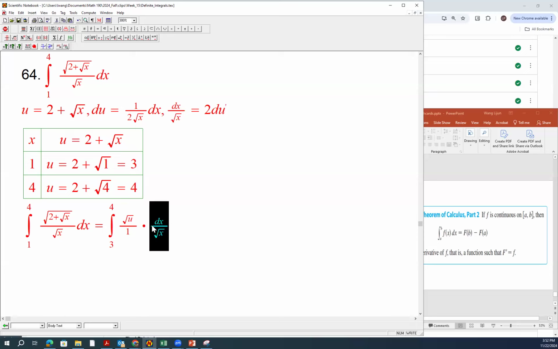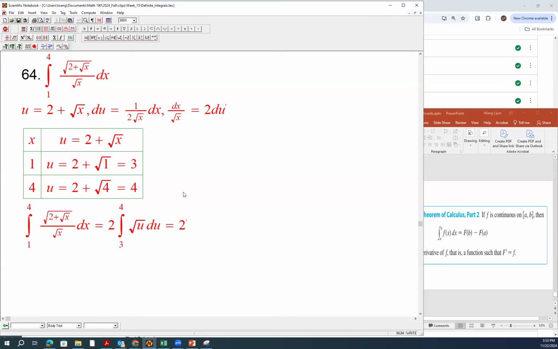And this whole thing is 2 times du. So 1, 2, 3 all modified. You can bring the 2 outside, and root u is just going to be here. You see, it's not a very complicated situation.